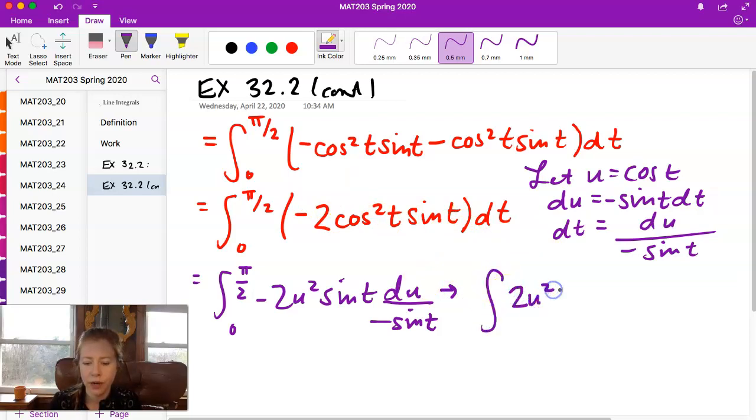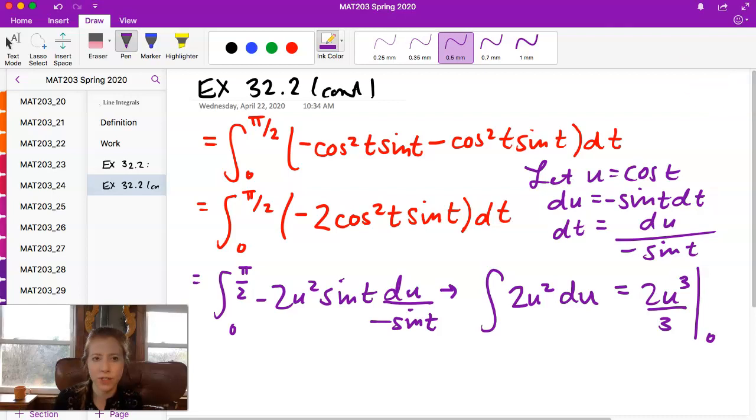which inside our integral is going to be 2u squared du. So if we integrate that, we get 2u cubed over 3 from 0 to pi over 2, which we'll just leave for a sec since we haven't subbed our t back in.